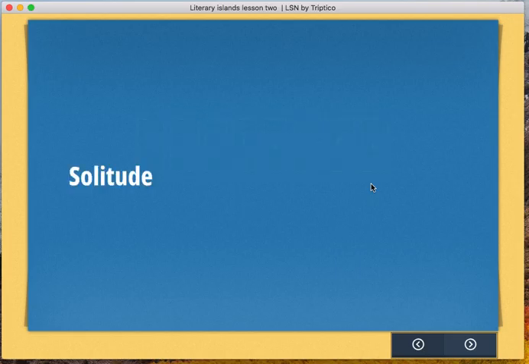Okay, so solitude, thinking that word might be more familiar to most of you than some of the other words. It's not that unusual one, but don't worry if you've not heard of the word or used it before in your own vocabulary. And again, you can define it in a moment. So solitude, something that you might experience if you were a character or indeed a person in real life on an island.